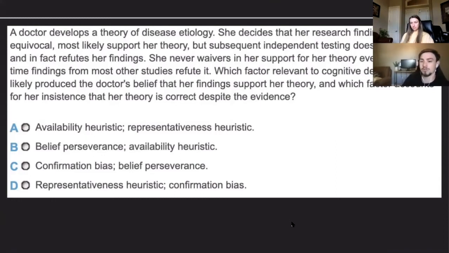And the second question says, which factor accounts for her insistence that her theory is correct despite the evidence? That's belief perseverance all day, right? Like, even though you're proving me wrong, I'm going to persevere and stick my head in the sand and just believe in spite. We all do it all the time, but that is belief perseverance, and the correct answer would be C. Correct. Good explanation there.